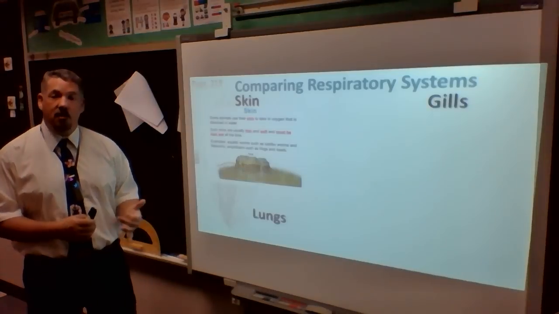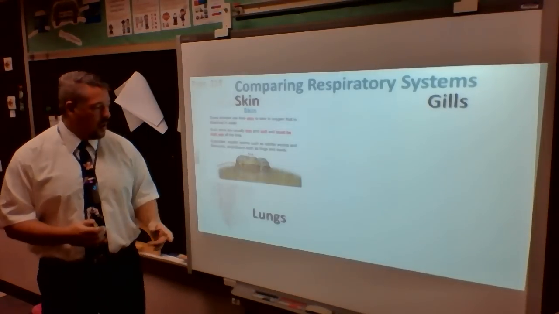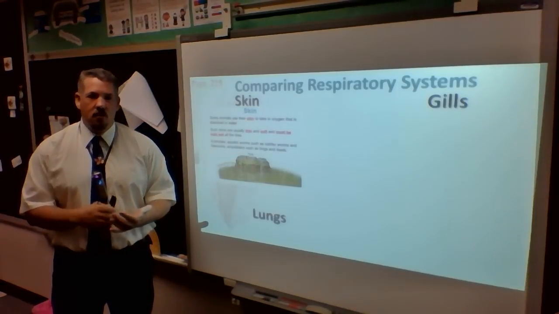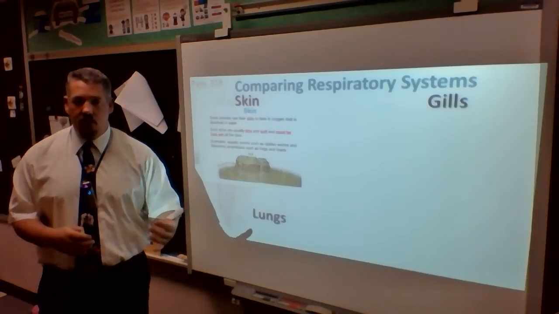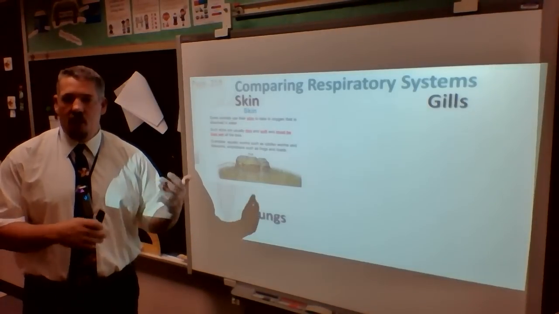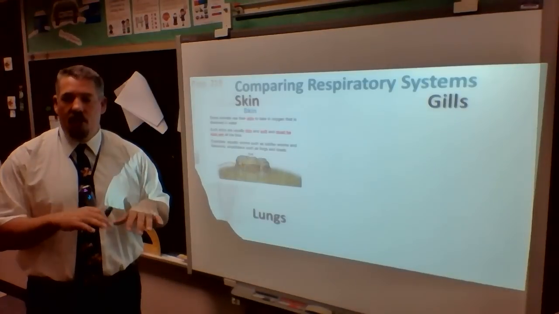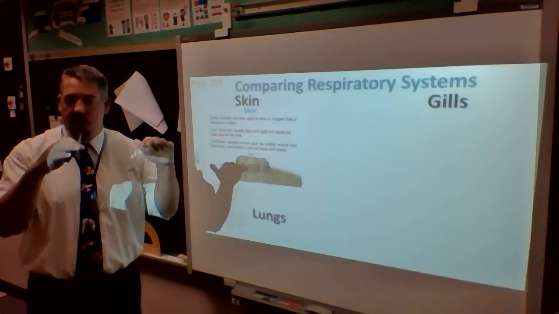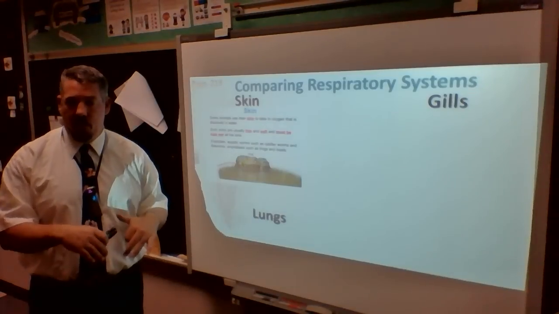The reason for that is, if you've ever held a frog, its top layer is kind of rough, right? So if you think back to when we talked about plants, the top part of leaves doesn't do the oxygen exchanges. They have that cuticle, that waxy substance on the top that keeps the gases from escaping.